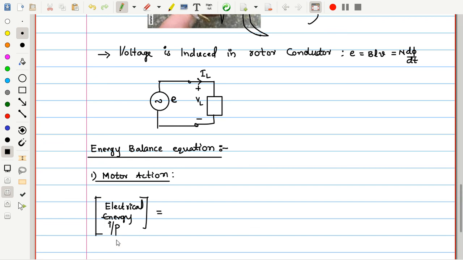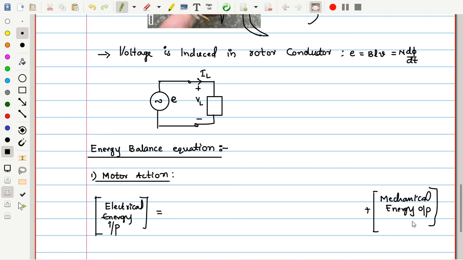Now, how is this energy going to be transformed? One thing I know is that there will be some mechanical output. So let me say mechanical energy output, OP means output.